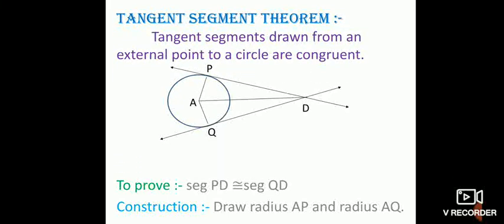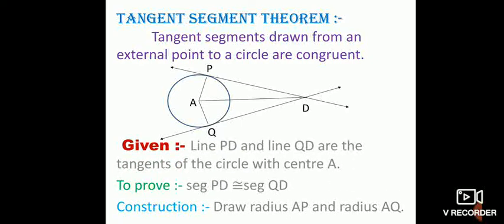Observe the figure. In the figure, we have drawn a circle with center A, and line PD and line QD are the tangents drawn passing through the point D, which is outside the circle.